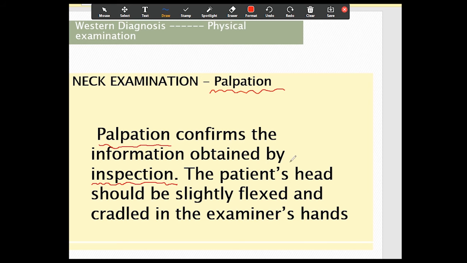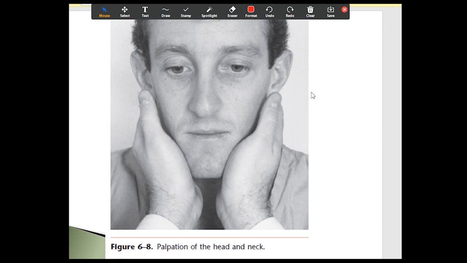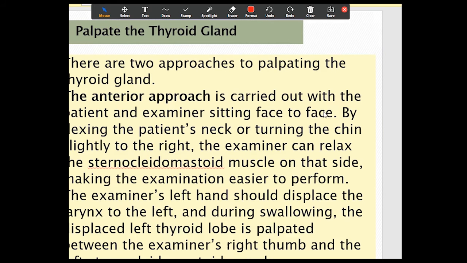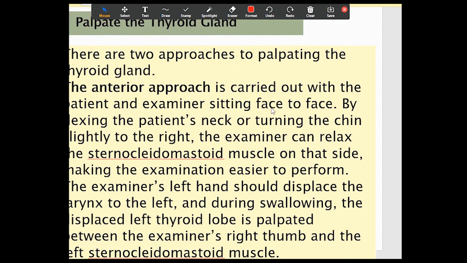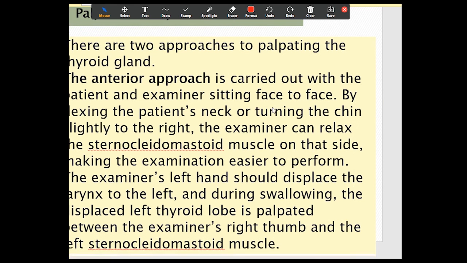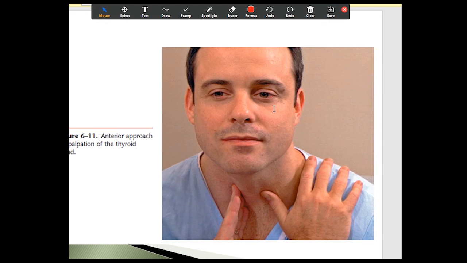So that's how we check the neck. We put our hands behind the patient's neck on both sides and try to palpate. Both sides should be normal and soft. And we can also hold the trachea with one hand and palpate the other side, and then switch.